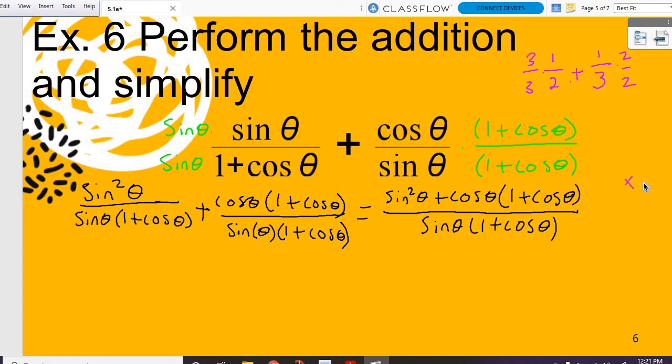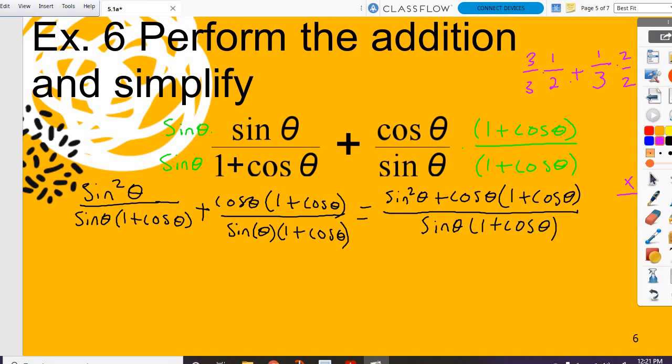That would be like if I had x plus xy, divided by y, I can't reduce my y's because it's not multiplication on top, it's addition. If we just had xy, then we could reduce our y's. But anytime we have addition, we can't. So yes, we do want to distribute our cosine.